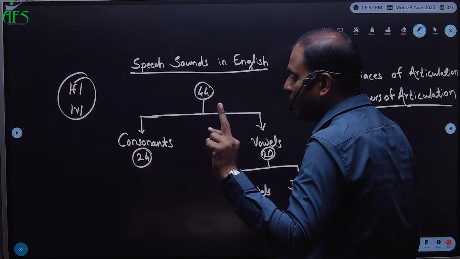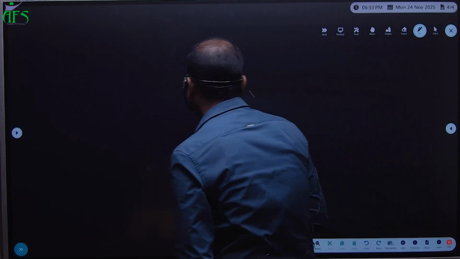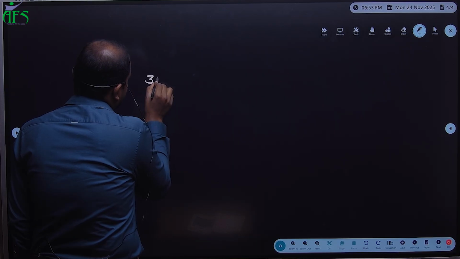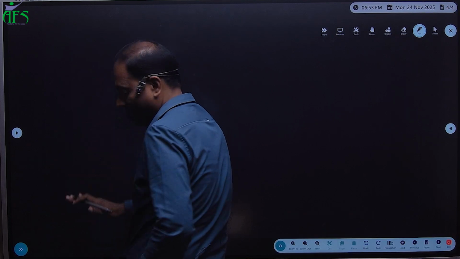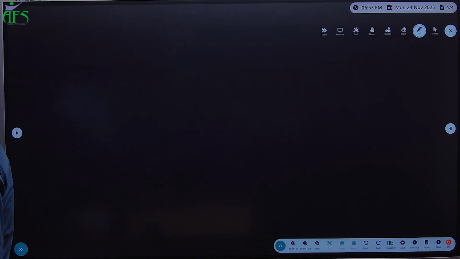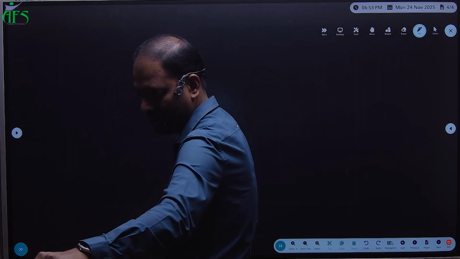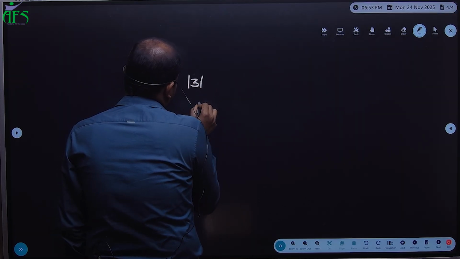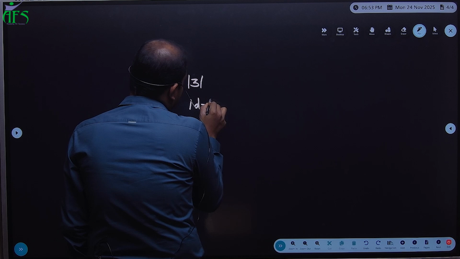We'll focus on two pairs which will confuse you when studying the different sounds. The first pair is j and another j.